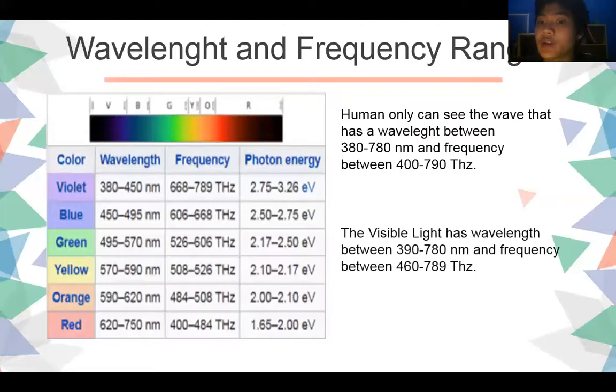The visible light has wavelengths between 390 until 780 nanometers and frequency between 460 until 789 Hz.